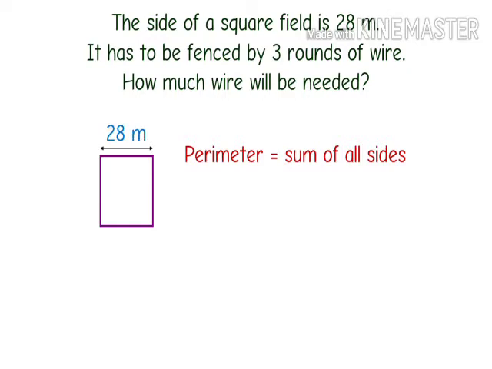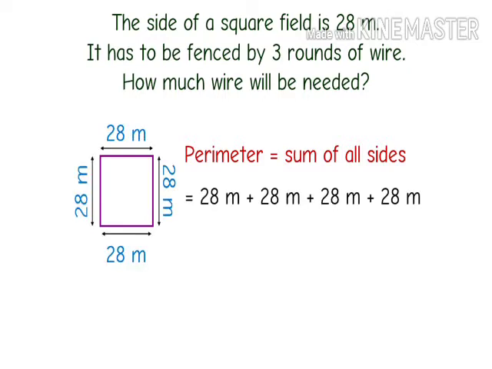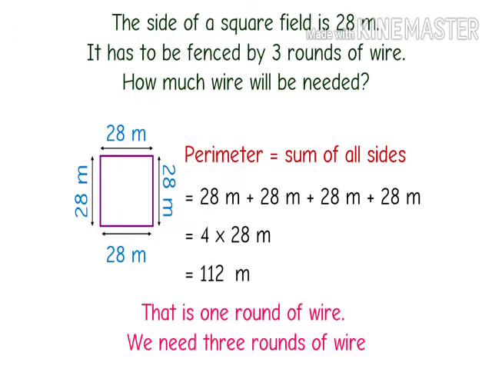Perimeter is equal to sum of all sides, is equal to 28 meters plus 28 meters plus 28 meters plus 28 meters, is equal to 4 multiplied by 28 meters, is equal to 112 meters. That is 1 round of wire.